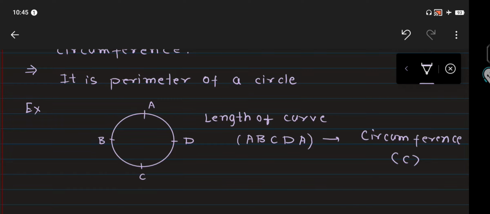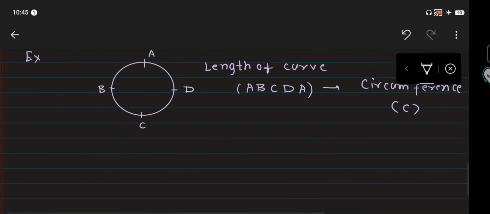And we also have a formula to calculate the circumference of a circle. The formula is 2 pi r.